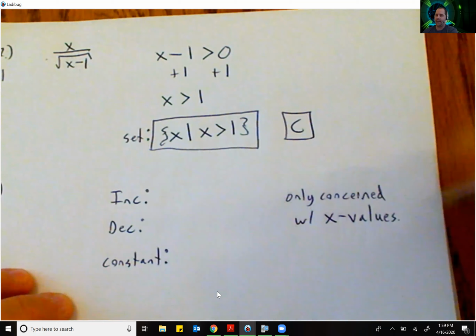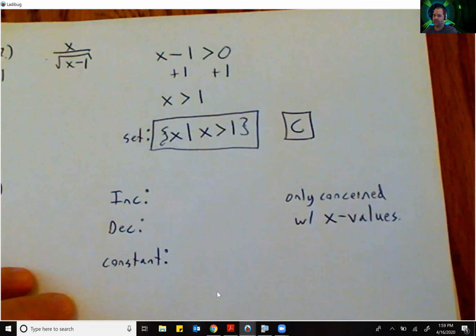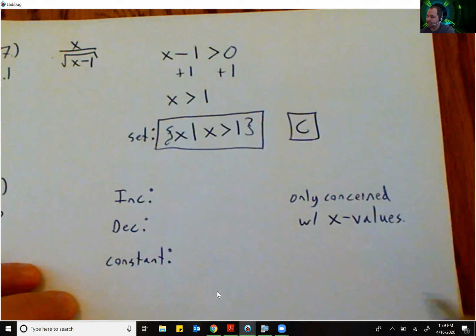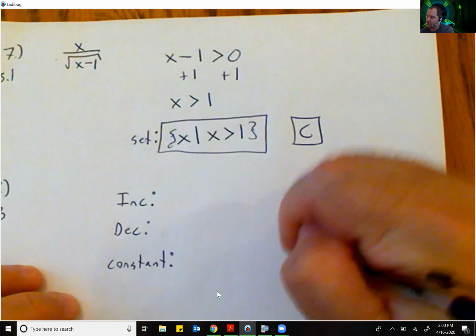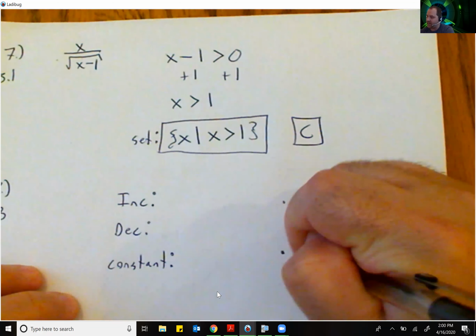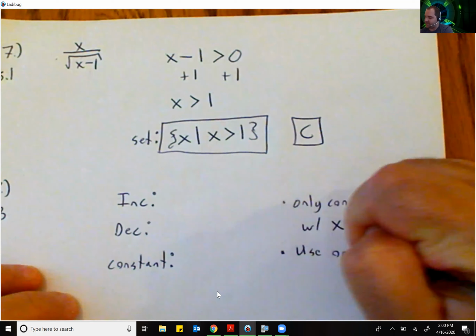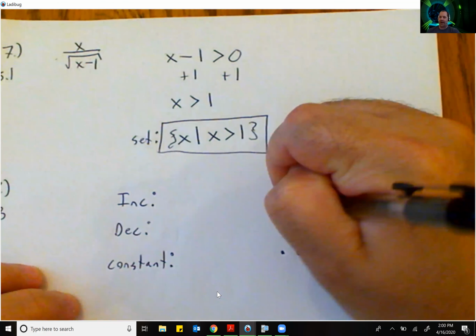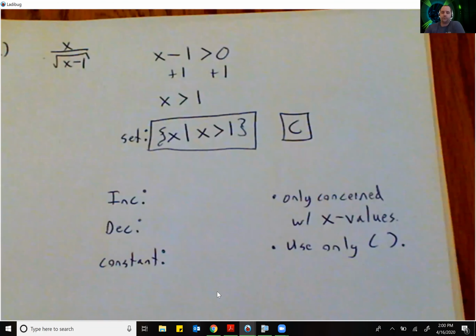So working along the X axis, you're only concerned with X values, and use only parentheses, no brackets.